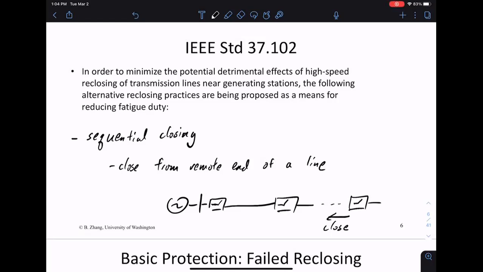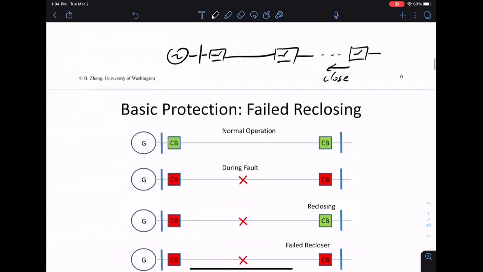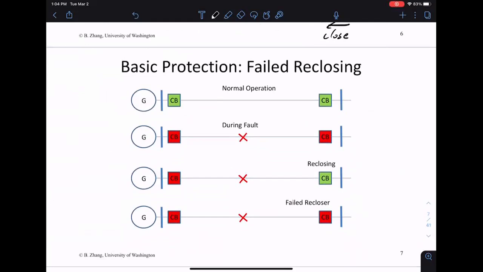So graphically, what happens is quite simple. If you have a generator, you have two circuit breakers at both ends. During a fault, the remote end will try to close first. Maybe it's successful, maybe not, but anyways, it will try.